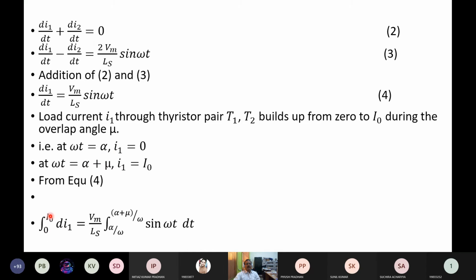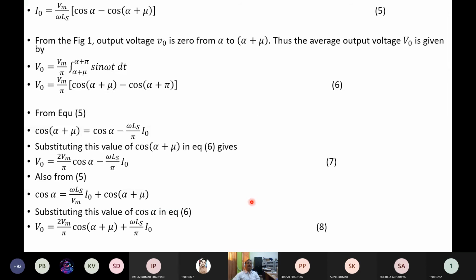So the limits are 0 to I0, and t goes from alpha by omega to alpha plus mu by omega, with sin omega t. Integrating, we will get the expression for I0. And this is the expression for the average voltage. This is the expression for the average current considering source inductance.